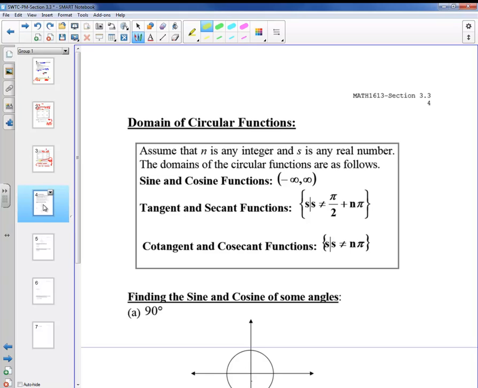Remember, the domain refers to the angle. So this is saying that for the sine and the cosine, there are no restrictions for the angle. The angle can be big, small, and in this case, that s that we use for the angle represents a real number. So that's your theta.